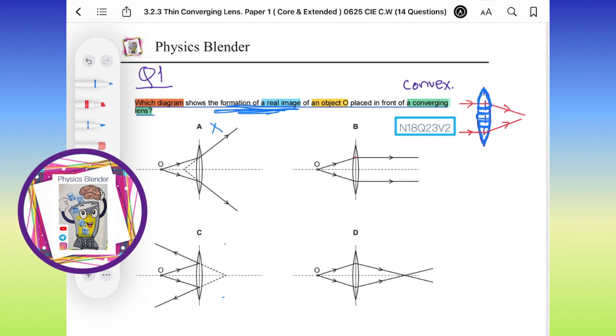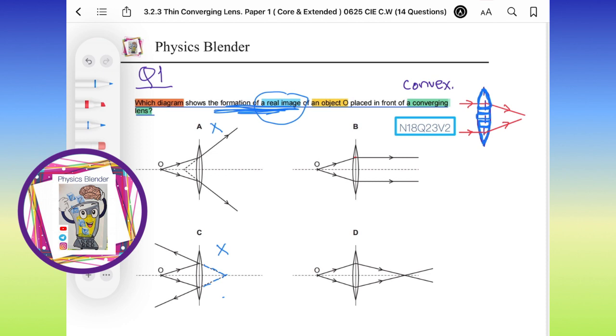Here also C will be excluded because we have the extension of refracted rays, and you know that real images are formed by real rays, not extension of rays.